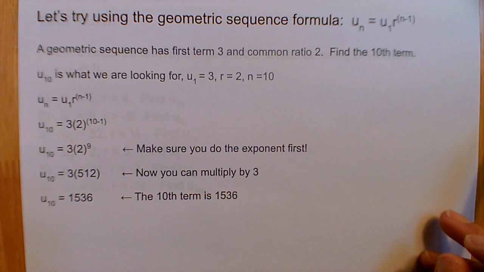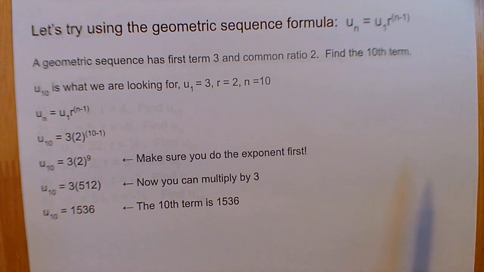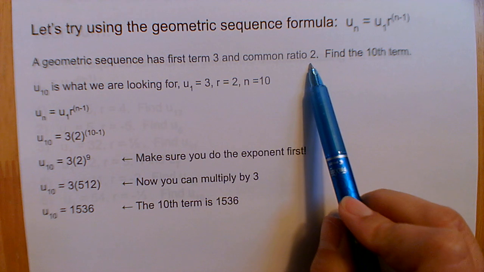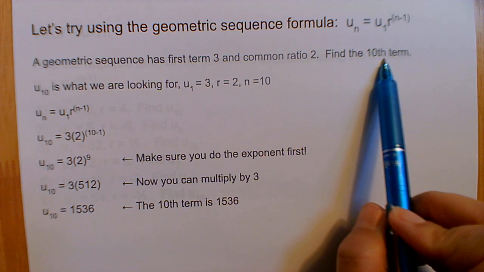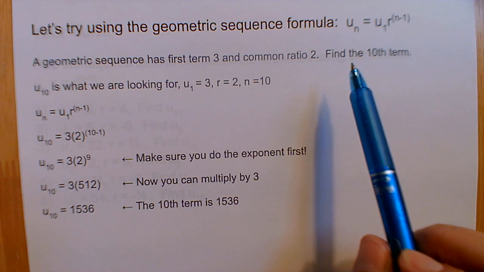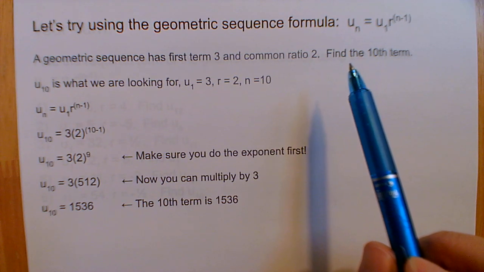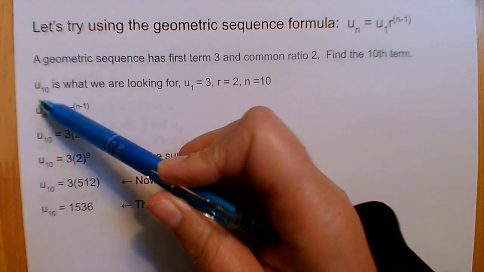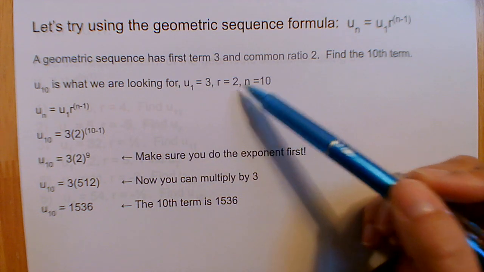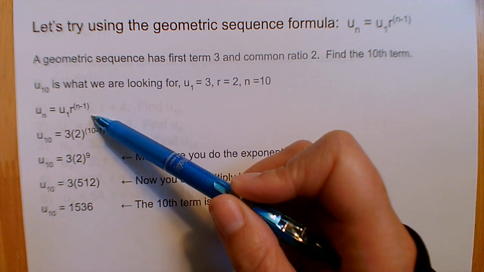So let's try using the geometric sequence formula. The geometric sequence has first term 3, common ratio of 2, find the 10th term. So I'm just now showing you the process, exactly what we went through. This is no different. This is just another way of looking at it. So u sub 10 is what we're looking for. Here's our first. Here's our common ratio. Here's 10. Here's our formula.